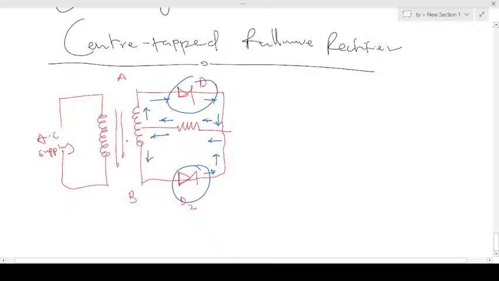Now, the reason the center tapped full wave rectifier requires two diodes is so that each diode conducts during alternate half cycles.